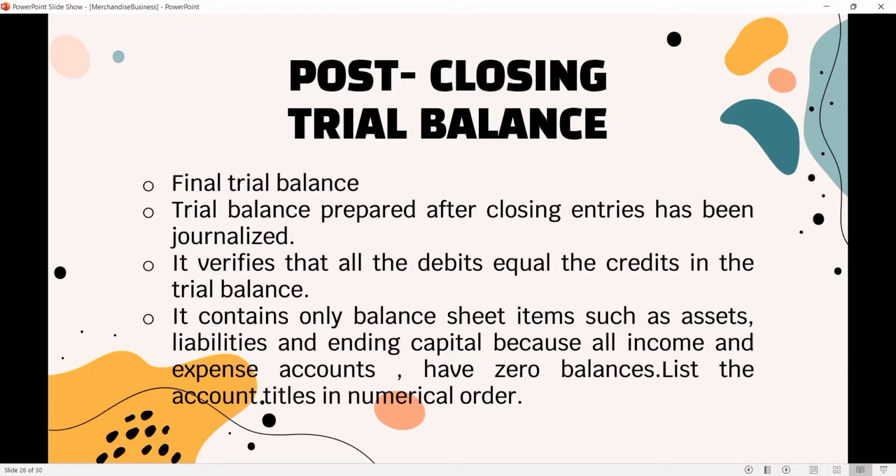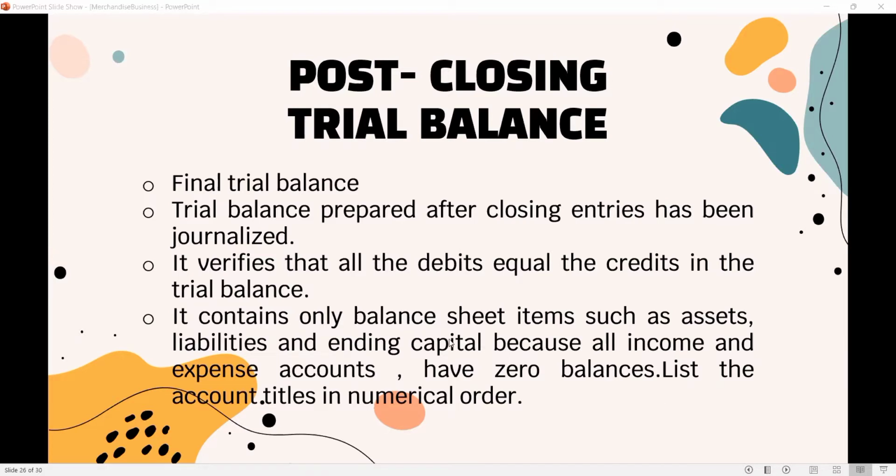Next, it verifies that all the debits equal the credits in the trial balance. Pinapakita ng post-closing trial balance na equal yung debit tsaka credit account sa trial balance. It contains only balance sheet items such as assets, liabilities, and ending capital kasi lahat ng income and expenses natin, di ba, close na natin. Kaya meron na silang zero balances.